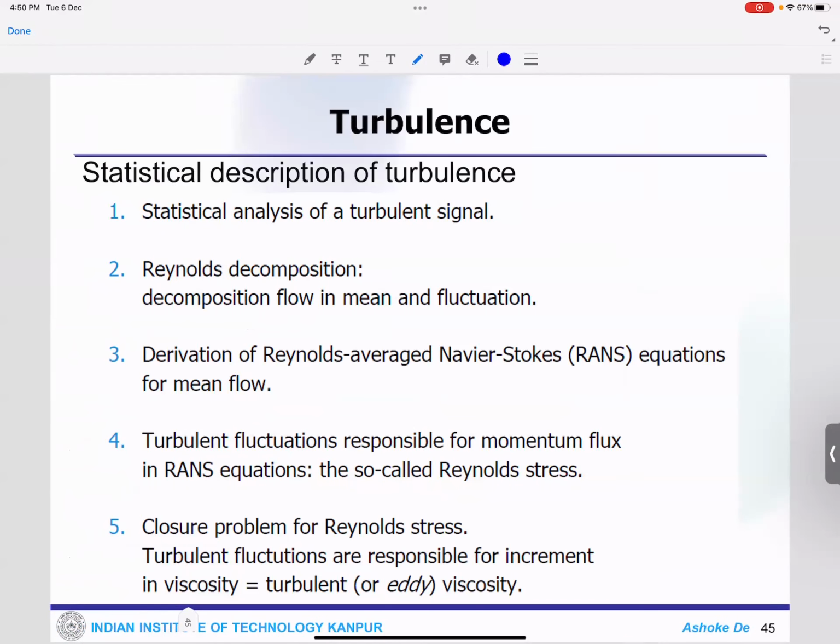Now, we have already talked about how turbulent flows are chaotic and random in nature. So the time series signal that we have seen is also quite chaotic in behavior. We can take these signals and do statistical analysis.